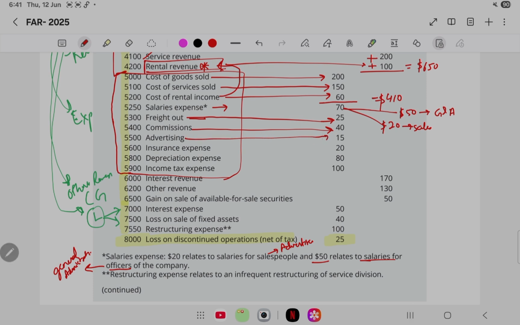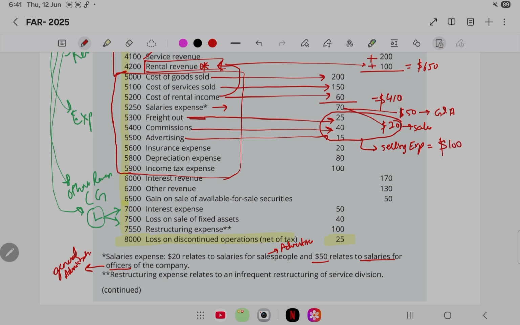Advertising is also selling expenses. So what the total selling expenses is this much. Selling expenses is 25 plus 40 plus 15 plus 20 comes out as $100.